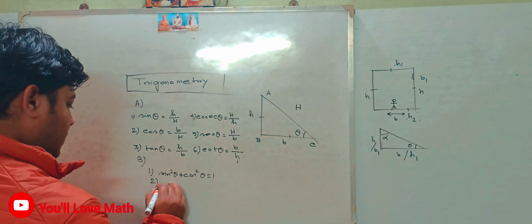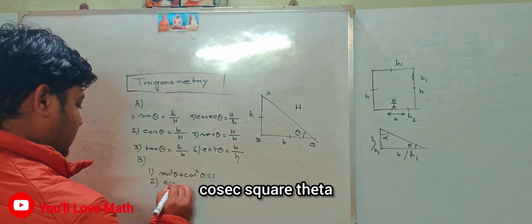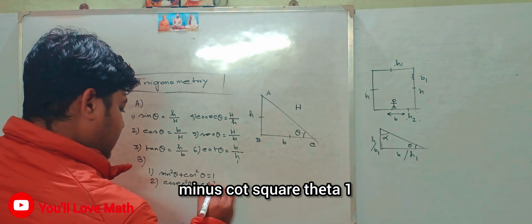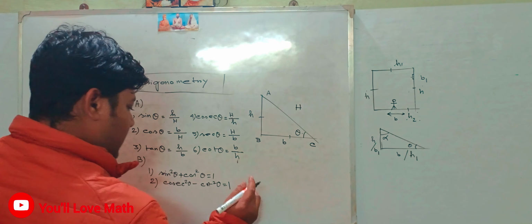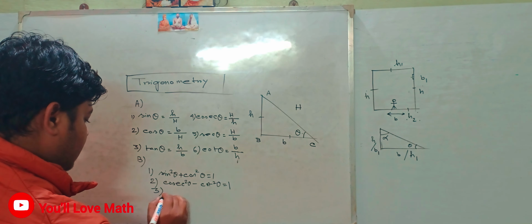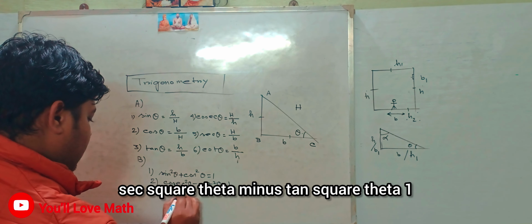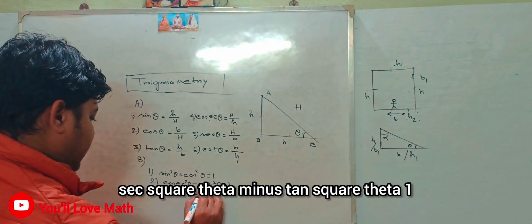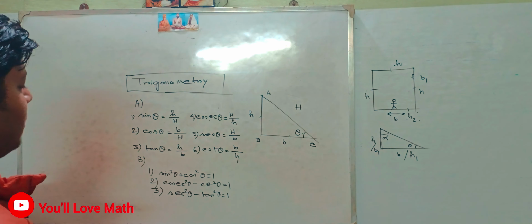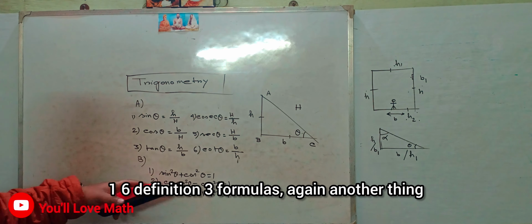B2, cosec square theta minus cot square theta equals 1. B3, sec square theta minus tan square theta equals 1. So one set of six definitions, and three formulas.